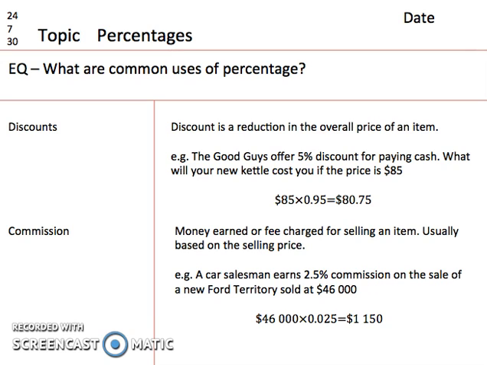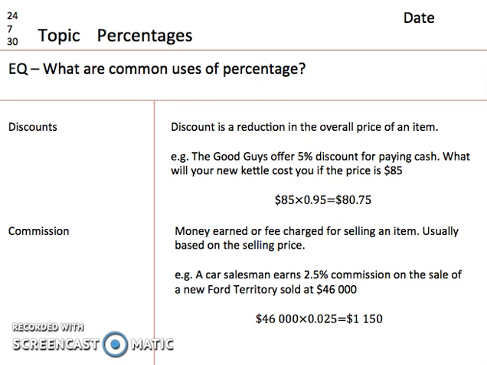For example, if you've got a car salesman who earns 2.5% commission on the sale of a car, in this case a new Ford Territory sold at $46,000, and we want to calculate the commission he would earn, which means the amount that he will be paid for selling that car, we multiply $46,000 by our 2.5%, in this case as a decimal, 0.025.